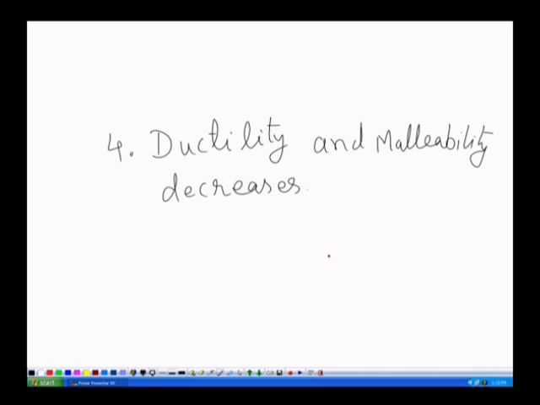Now, we will take hot working. In hot working, the temperature is beyond 0.4 Tm, the melting temperature, which is considered as the recrystallization temperature.